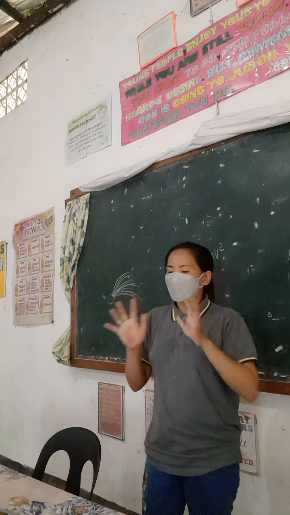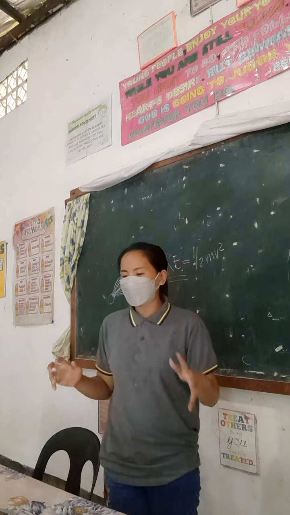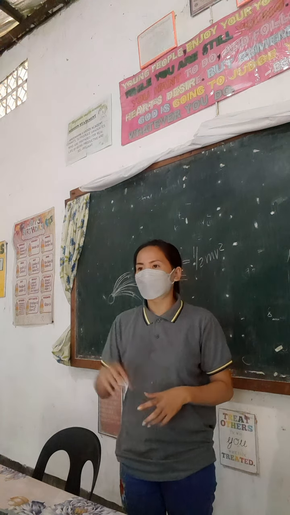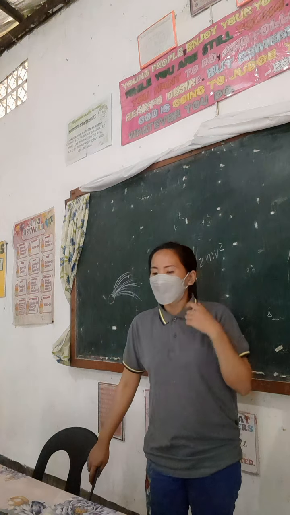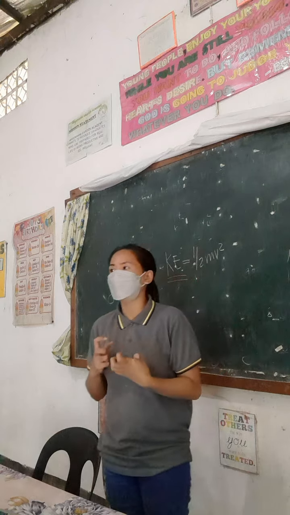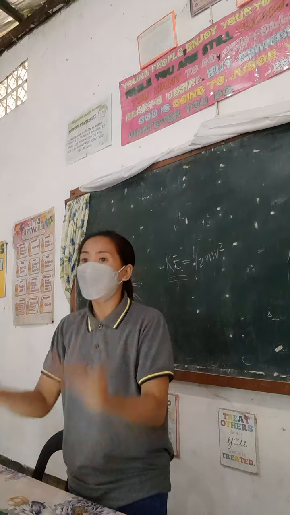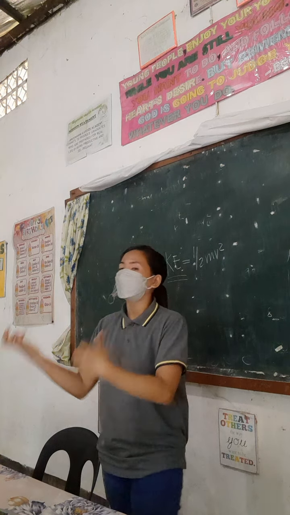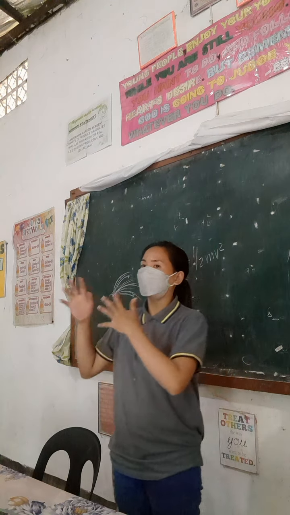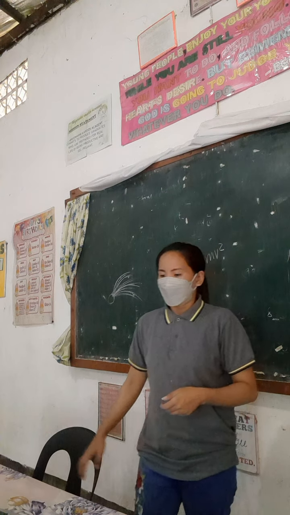So again, critical reading does not just focus on the analysis of the given text. Alright? But it involves deeper examination. When you say deeper examination, you are trying to reflect on what you are reading. You're trying to relate it to what you have experienced or what you have read or what you have seen in your environment. Okay? Alright.